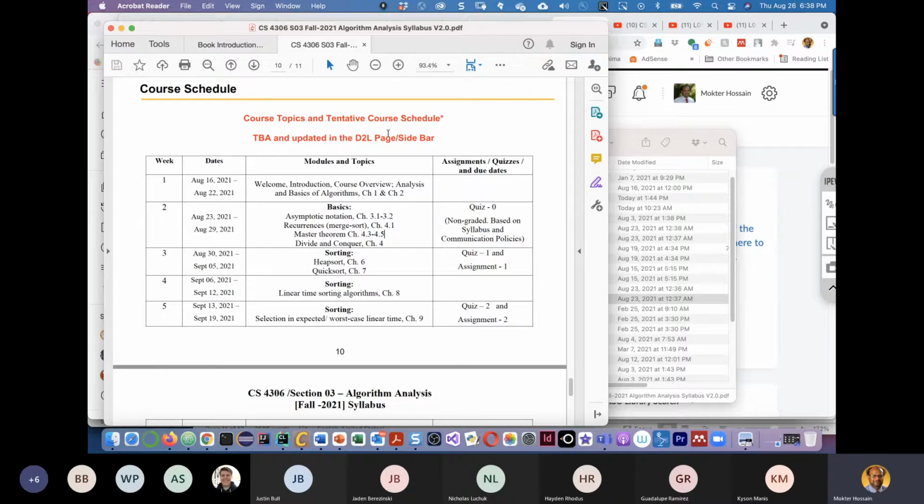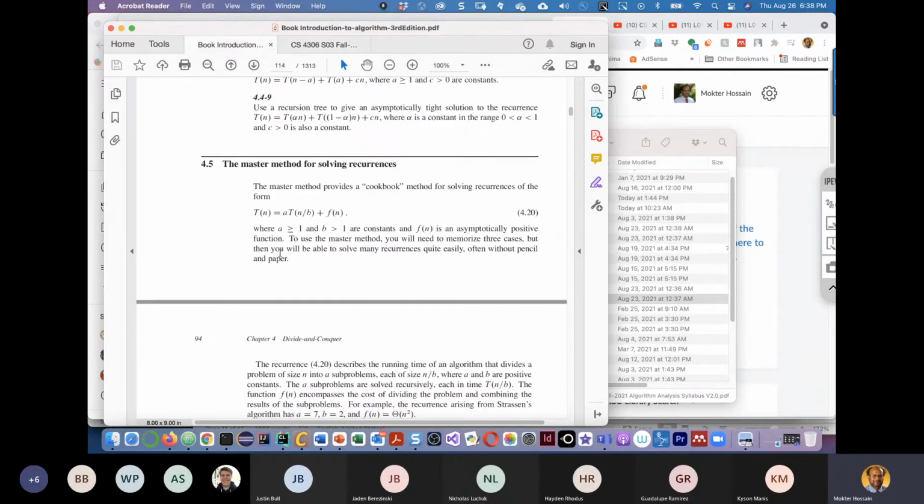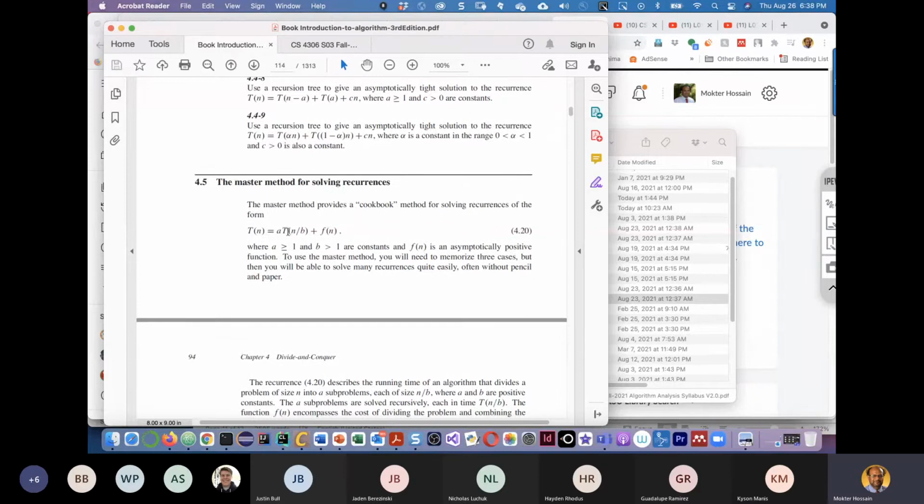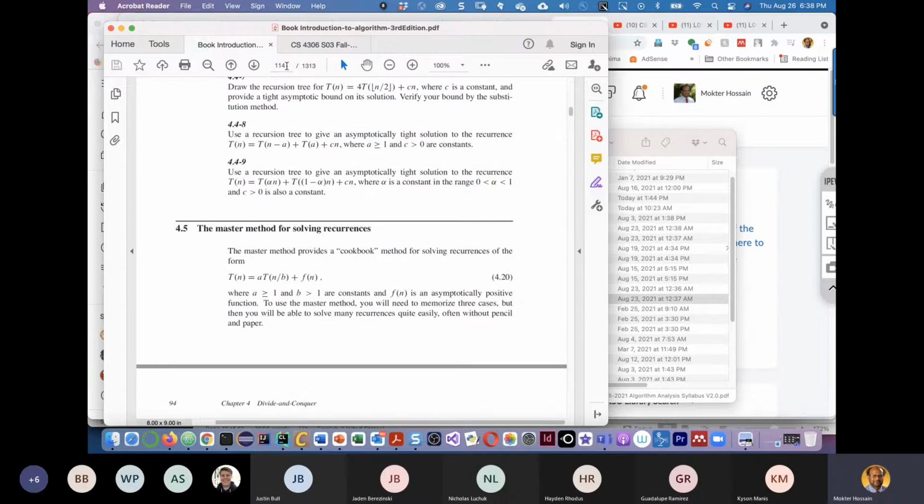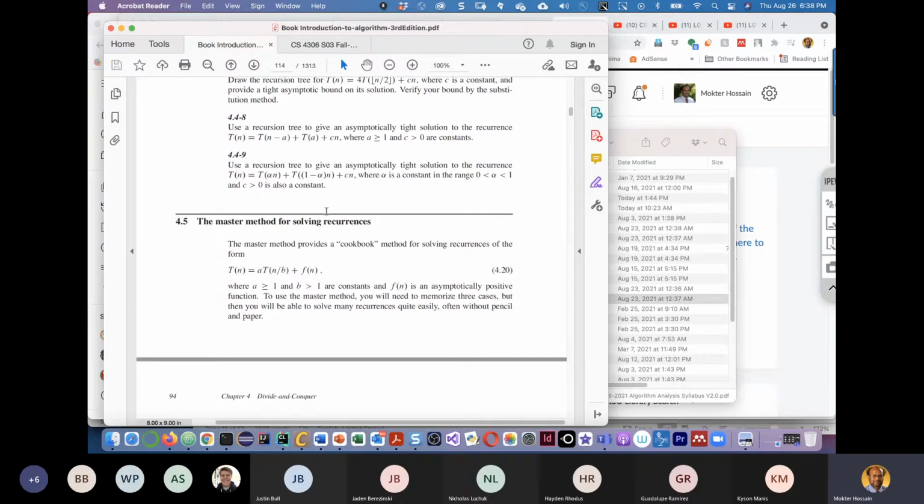So if you go to the book, okay. On page number, actually in the real book maybe the page number will be 93, but here in the PDF copy there are some extra pages at the beginning, so those are not numbered in the book. So maybe page number 114. Okay.